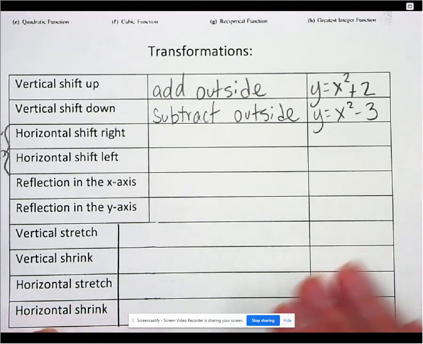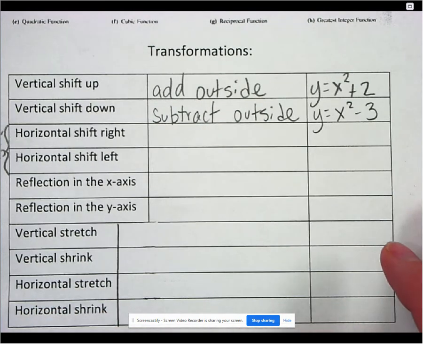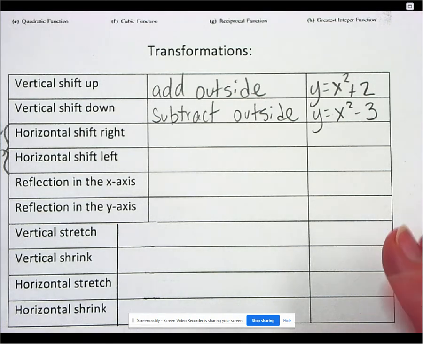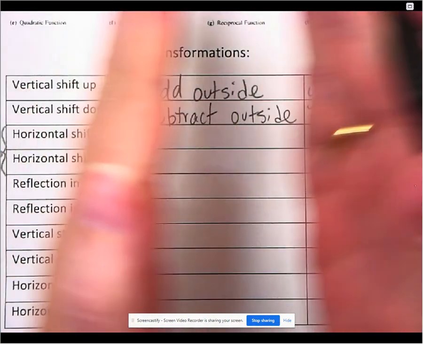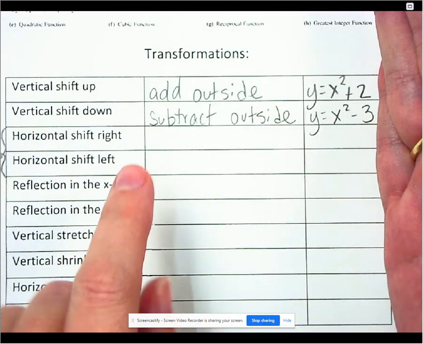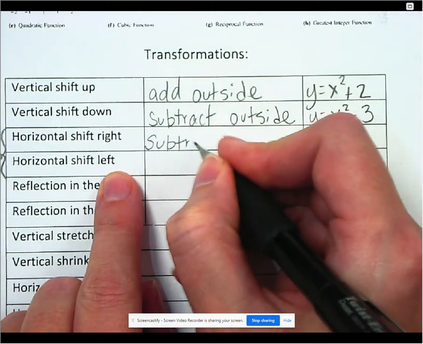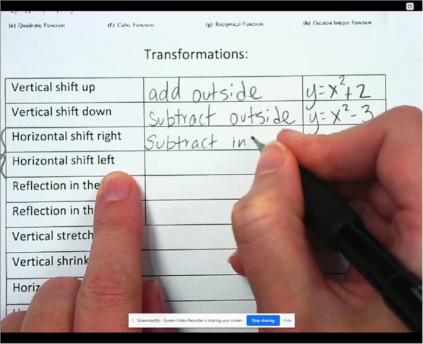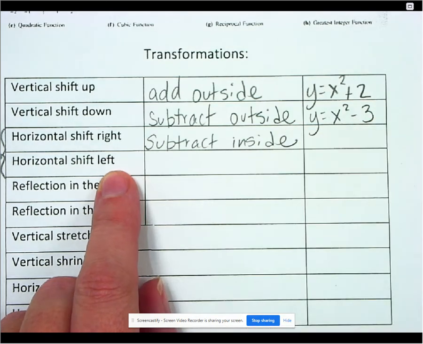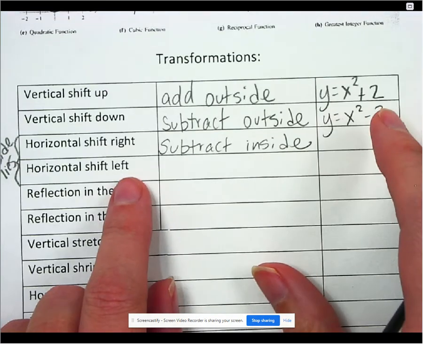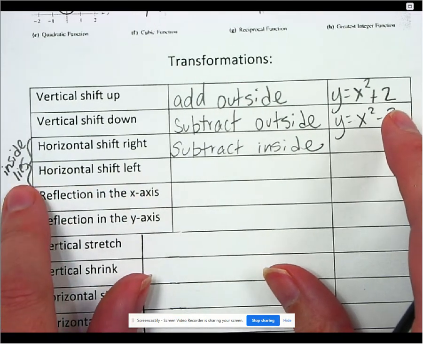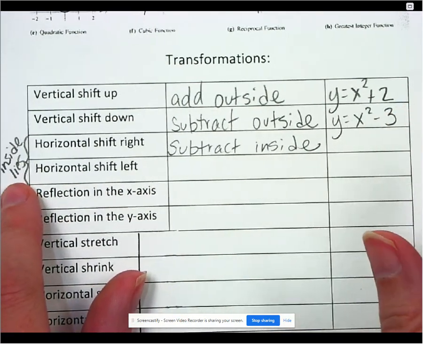If I'm going to take a function and shift it to the right, even though right is a positive direction, I'm actually going to subtract on the inside, because that is how it will shift to the right, because the inside lies.